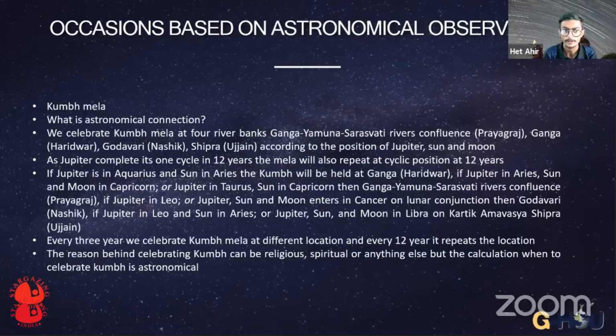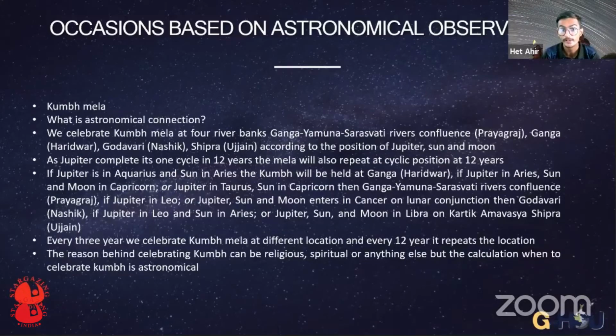If Jupiter is in Leo, or Jupiter, Sun, and Moon enter Cancer on lunar conjunction, then it is held at Godavari at Nasik. If Jupiter is in Leo and Sun is in Aries, or Jupiter, Sun, and Moon are in Libra on Kartik Amavasya, the Mela is held at Shipra, Ujjain.